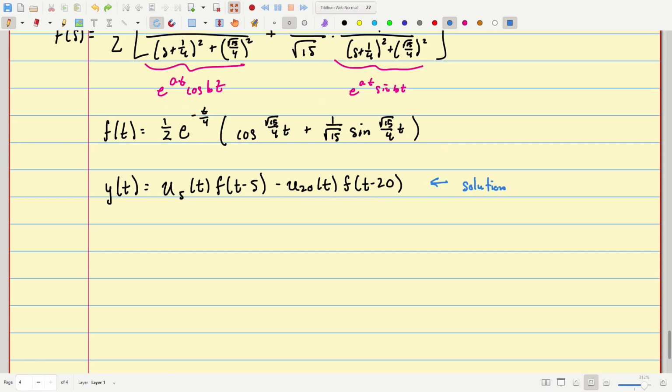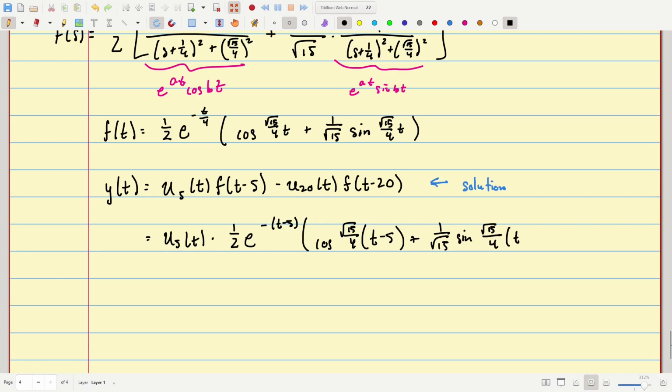Now, if you were going to write this out in full detail, what you would do is need to replace t everywhere it appears with t minus 5. And then in the second expression, everywhere with t minus 20.